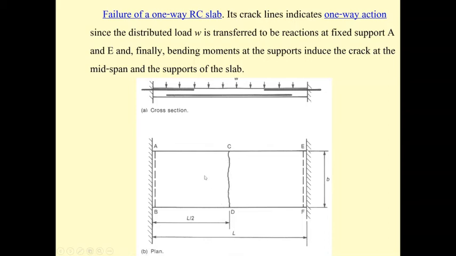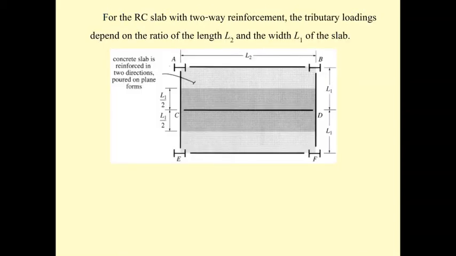That means half of this area takes the reaction to AB, and half of this area takes the reaction to EF. So the transfer of the force is in the horizontal direction only. So we call it one-way slab.